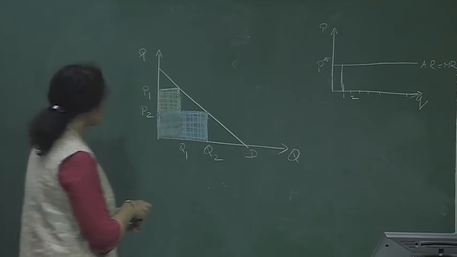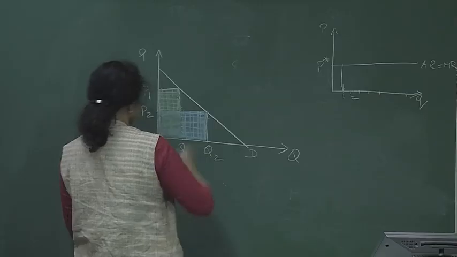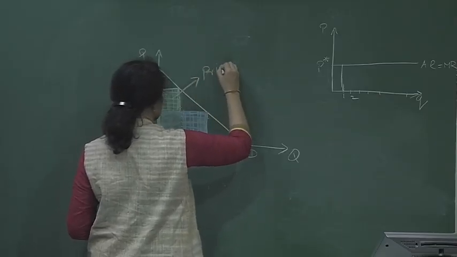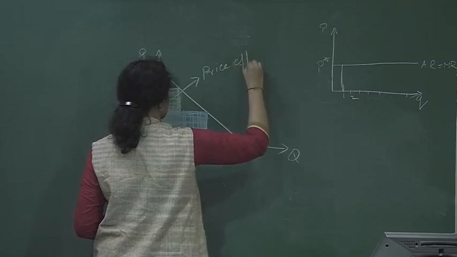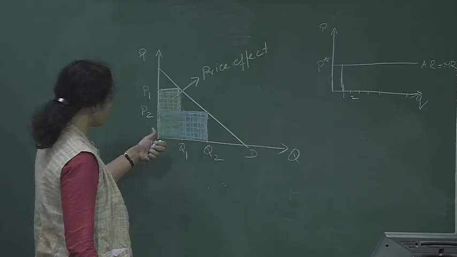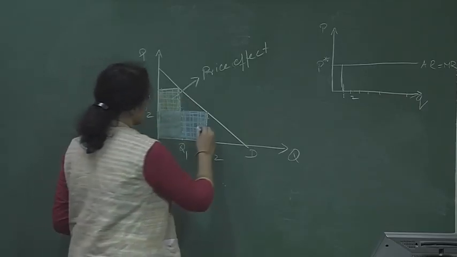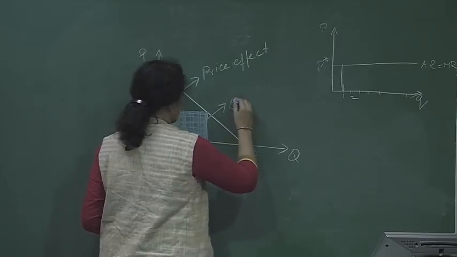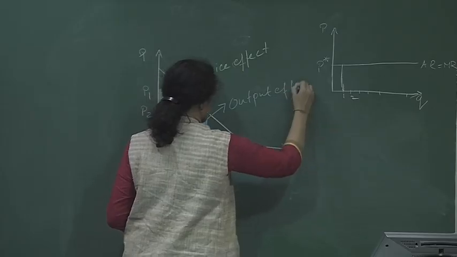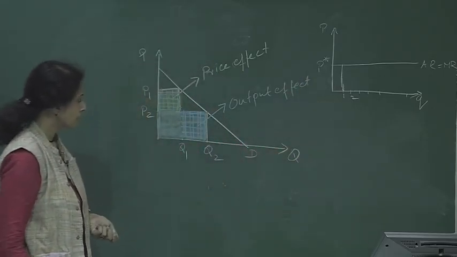This part is his price effect, that is, price has fallen and this is what he is losing, and this is the output effect, that is, output has increased and hence his revenue has increased.